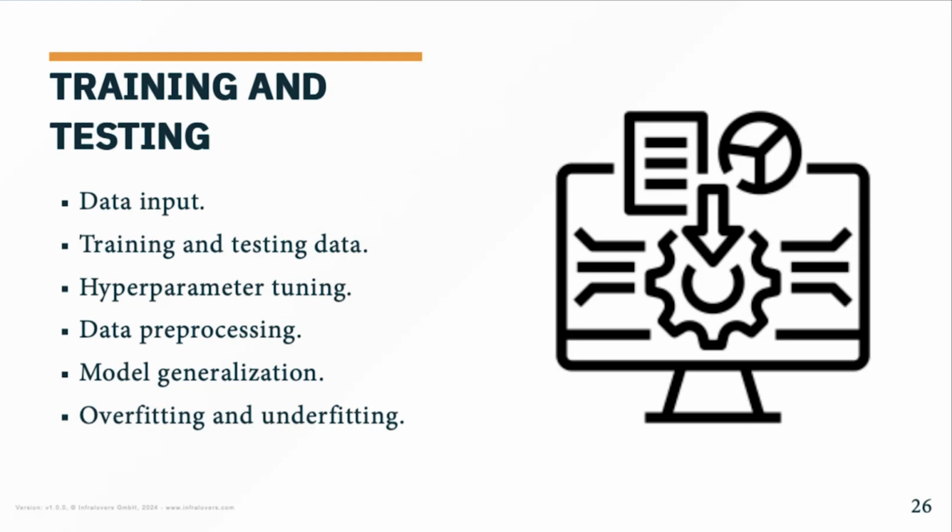Otherwise, the model won't be able to do anything useful with it. So this data is then typically split into training data, which the model can use to learn and identify patterns. And then we have the testing data, which basically evaluates how well the model reacts to new unseen data.